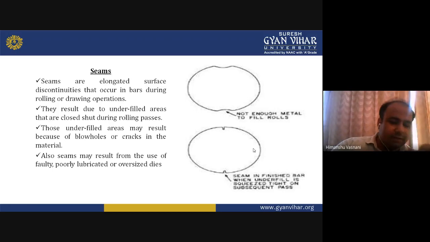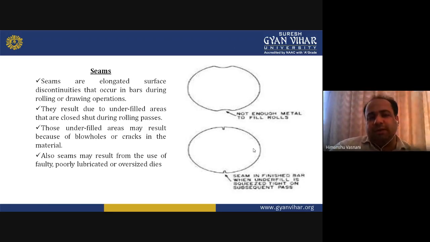This will show up in the workpiece. If that problem is there at the start, it may lead to seams because there is insufficient material; the gases have taken the space. When you heat the material, less of it is available, so seams may take place. Seams may also result from the use of faulty, badly lubricated or oversized dies.